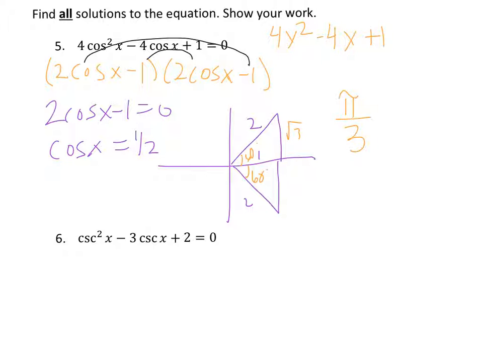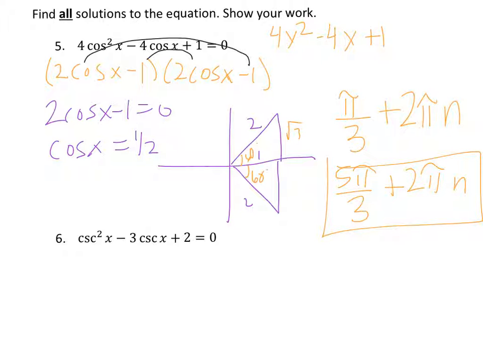Remember, since I want all solutions, no matter how many times you go around that circle, and one circle is 2 pi, I have to have the n. My second angle, so this angle right here, so this angle is 300. And if you were to write that in radians, it would be 5 pi over 3. And again, you have to add on every circle that you might go around, positive or negative. So that would be my answer for question number 5.